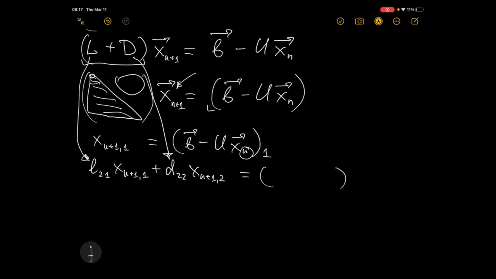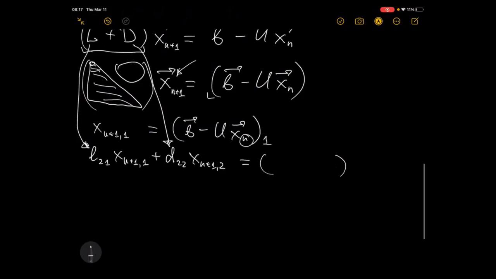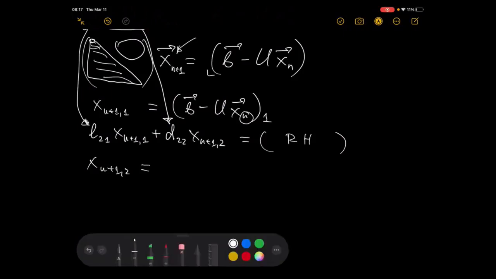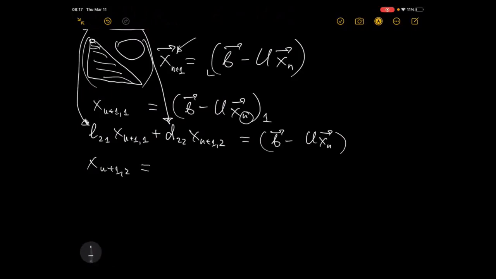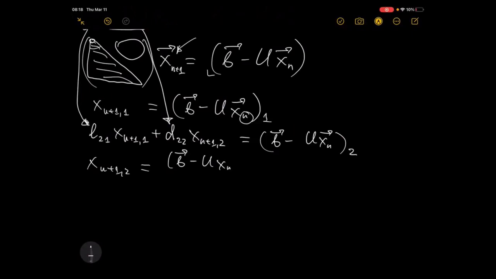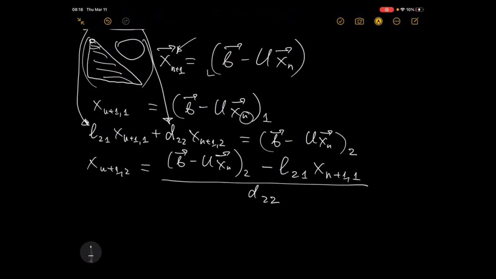Now I can reformulate it in the following way: x n plus 1, second component, equals b minus U x n, second component, minus L 2,1 x n plus 1, first component, divided by D 2,2, right?